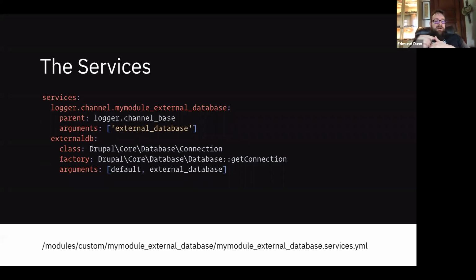We also define our external database service here, and this is basically setting up the connection to our external database and making it so it can be called inside our service. This is not the only way to do it. You can also set and unset your database connections inside your code. That is a little clunky, in my opinion.